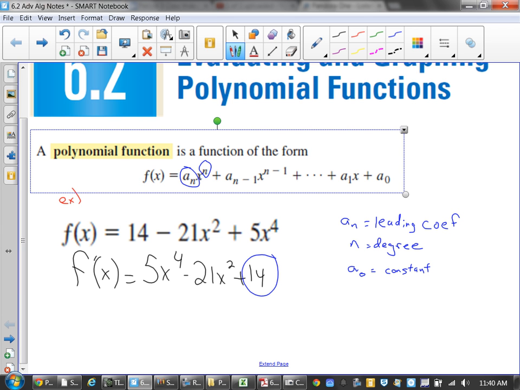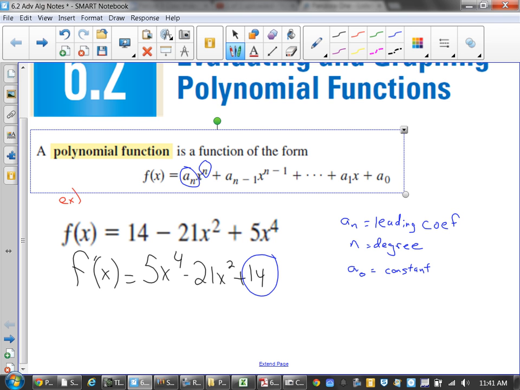The constant has some important parts to it. If you think about what the constant did in slope-intercept form, what did the constant represent? The y-intercept. What do you think the constant here is going to represent? The y-intercept.